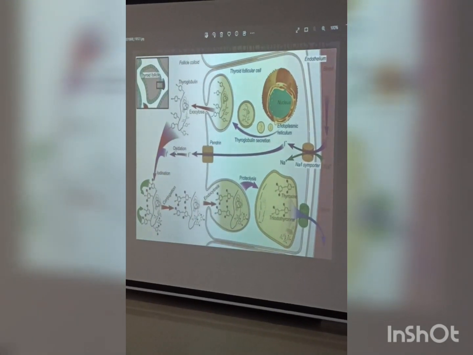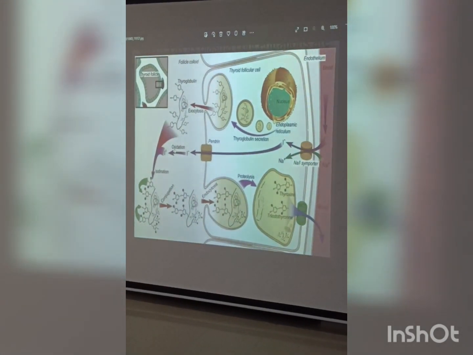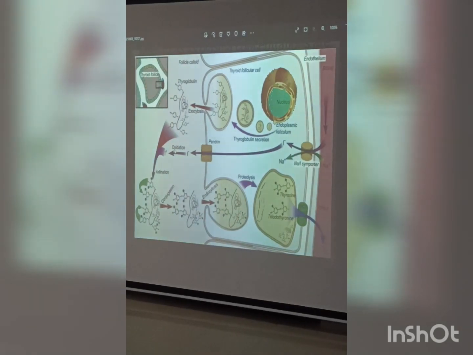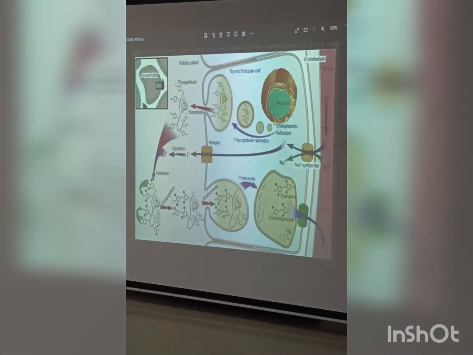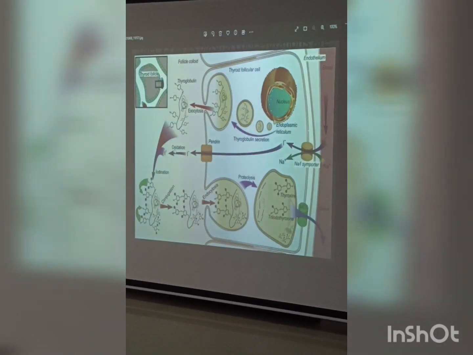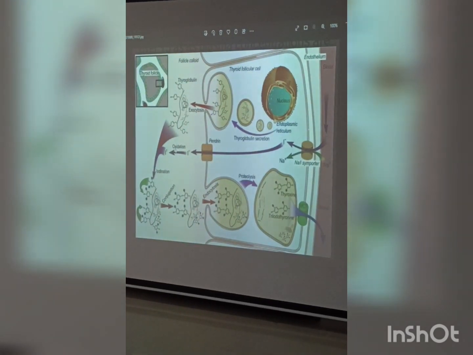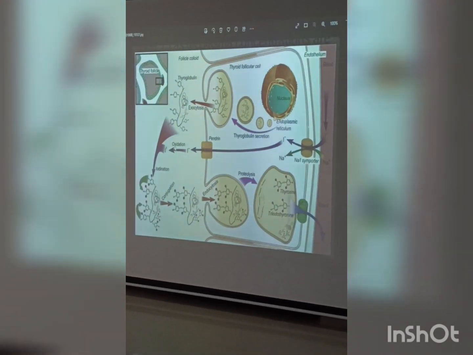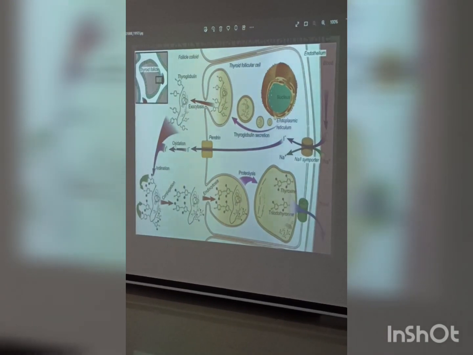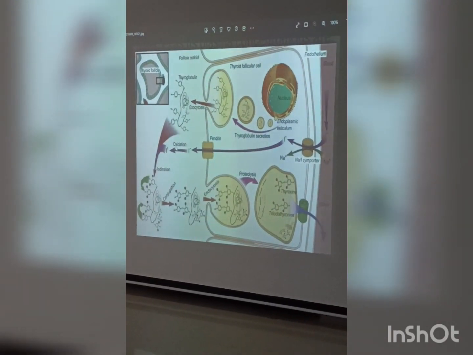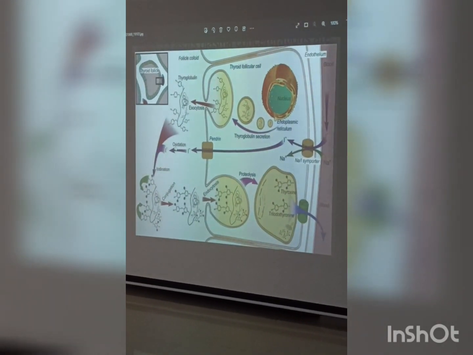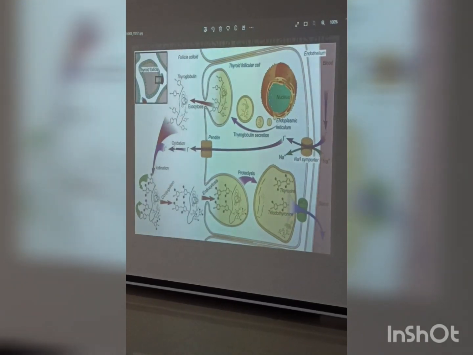Now what happens? The iodide should be converted into iodine, right? So we need tyrosine oxidase. It means that the glycoprotein, which was not a hormone, contains tyrosine residues. They are crucial for making T3 and T4.